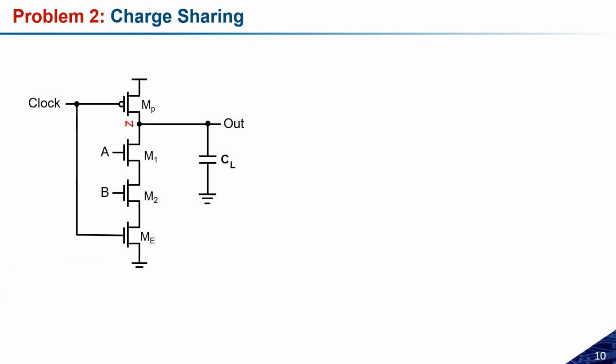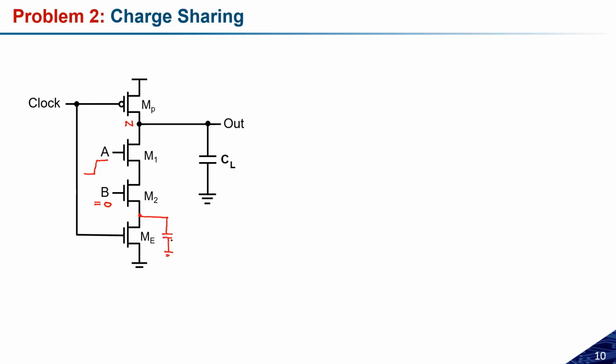Now what happens if B is equal to 0 and A is changing from 0 to 1? Let us consider what kind of internal capacitances will be there. Because during the evaluation phase this ME is in on state, a node capacitor will be there.